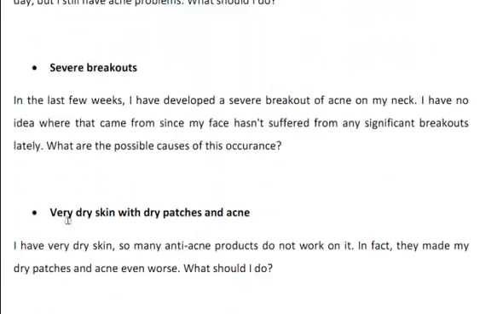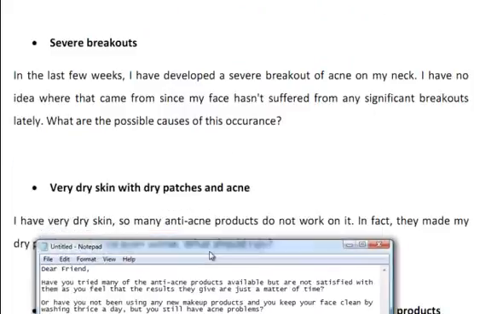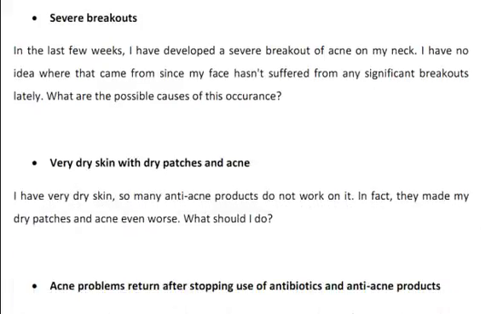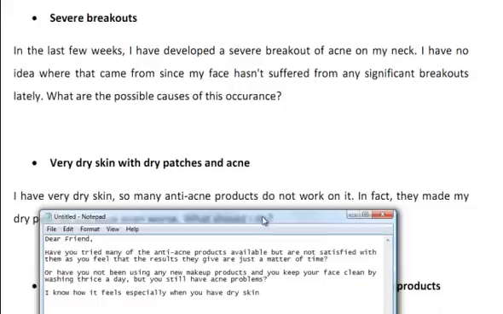I have very dry skin, so many anti-acne products do not work on it. So I know how it feels, especially when you have dry skin, and so many anti-acne products do not work on it.